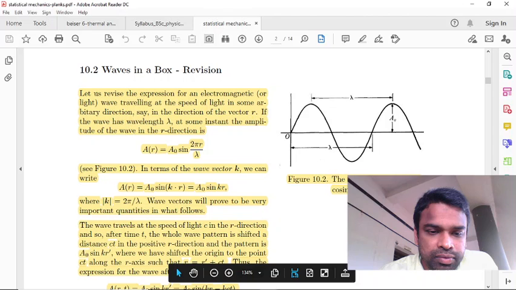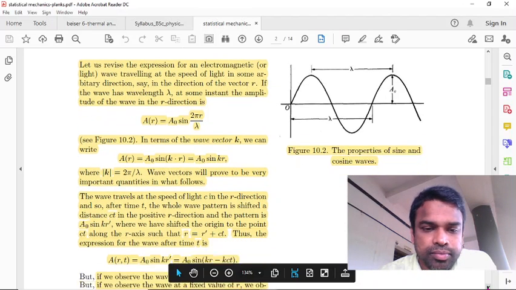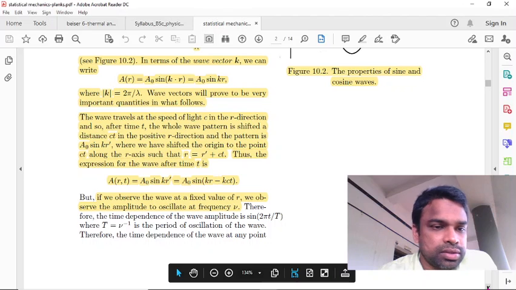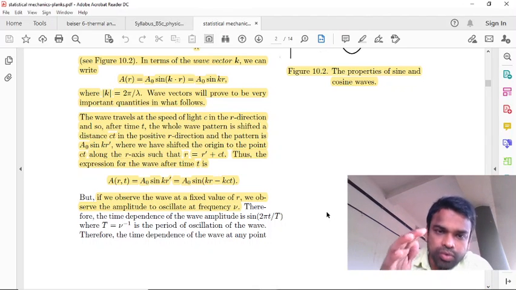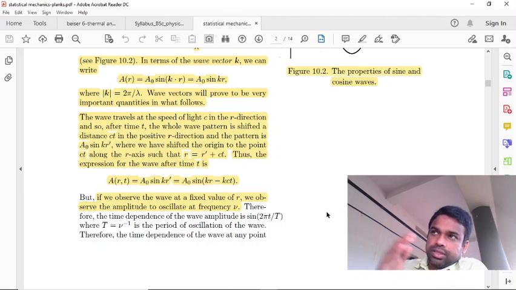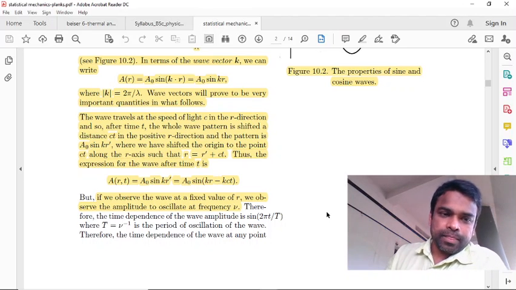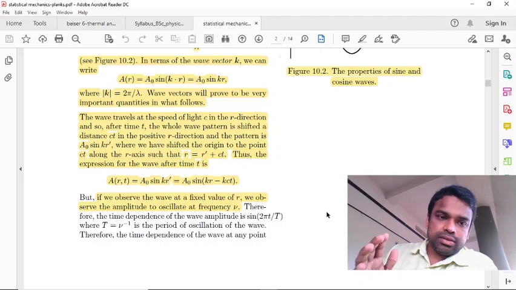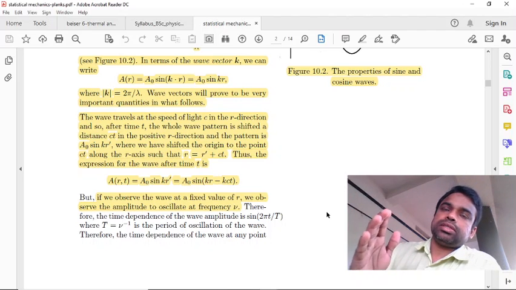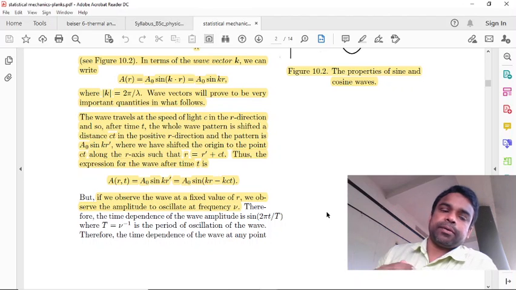Now the wave travels at the speed of light c in the r direction, and so after time t the whole pattern is shifted a distance ct. Velocity into time, you will get the distance. That means velocity is displacement by time.